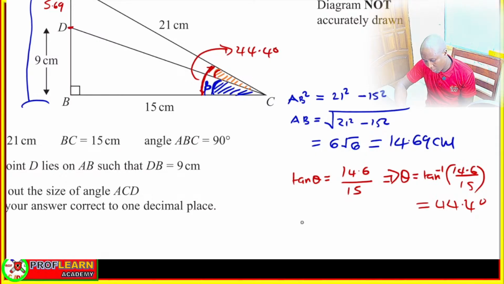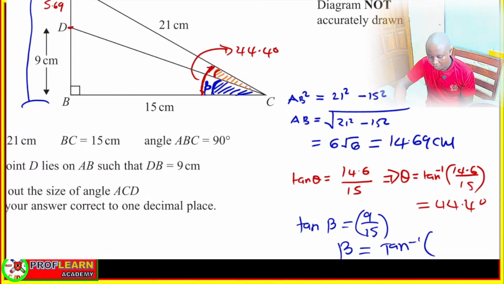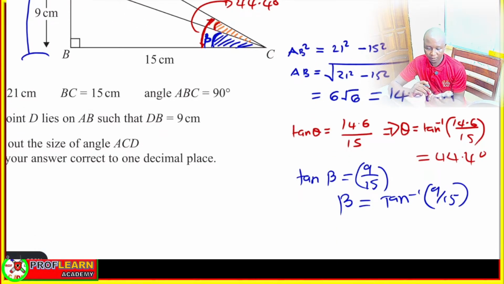So we are going to say tan beta is going to be opposite, which is 9/15. And if I want to find angle beta, it will be tan inverse of 9/15.